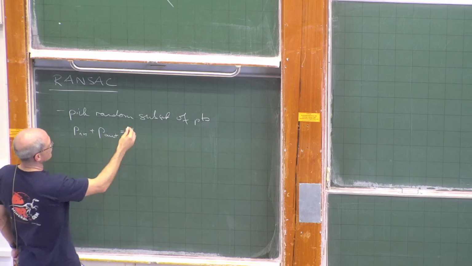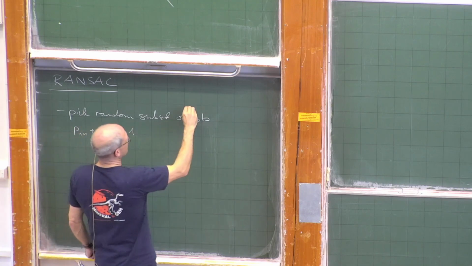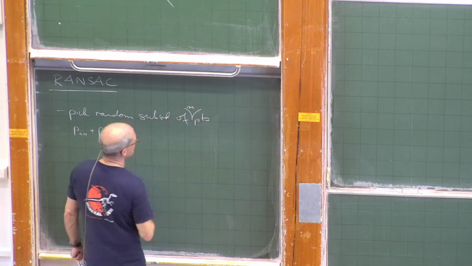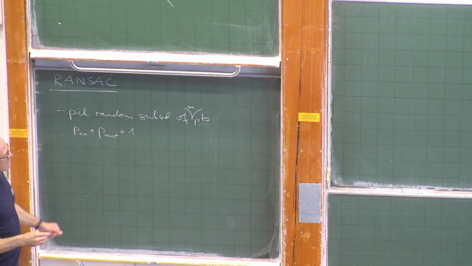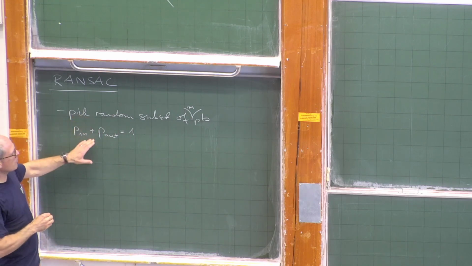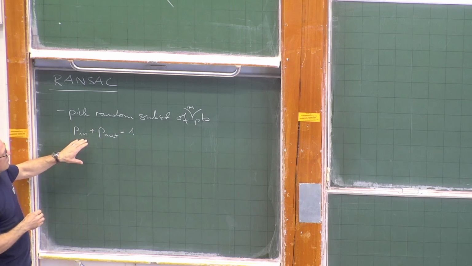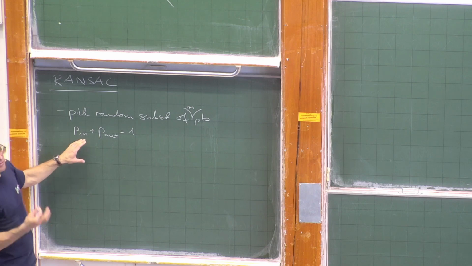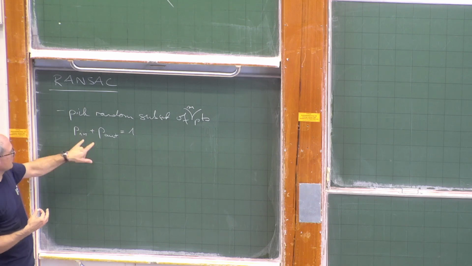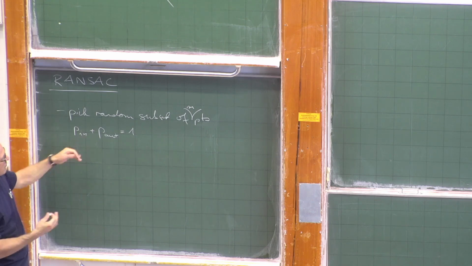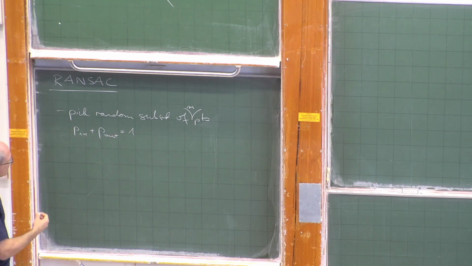We can, for example, pick a random subset of m points. And then, using high school math, you will be able to compute the probability that you have a subset free from outliers. It depends only on this fraction of inliers to outliers.